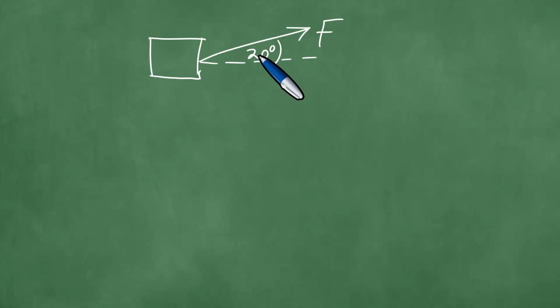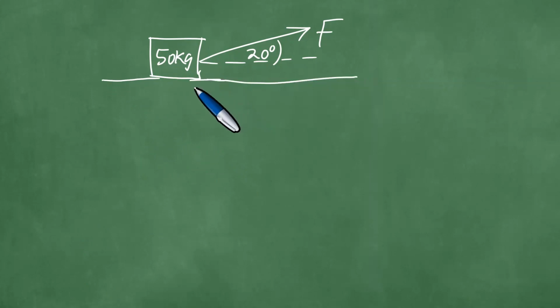So this one here is 50 kilograms. And there is a surface like so, but this surface is sort of rough. It's a rough surface. This is A and this is B.